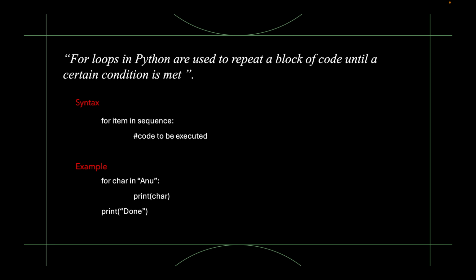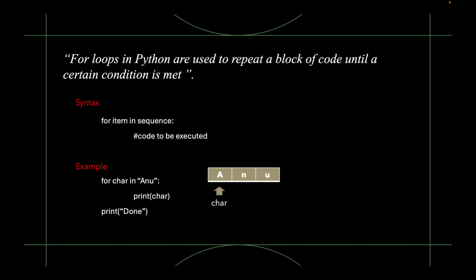As shown in the example, when you use a for loop, you define a variable that will hold each item from the sequence. Then the code block inside the loop will execute once for each item in that sequence. That means the string a, n, u is stored like this, a, n and u, and the char variable will first point to the a.